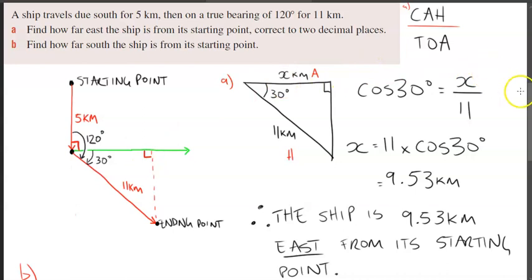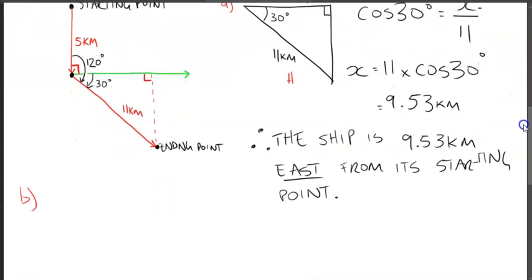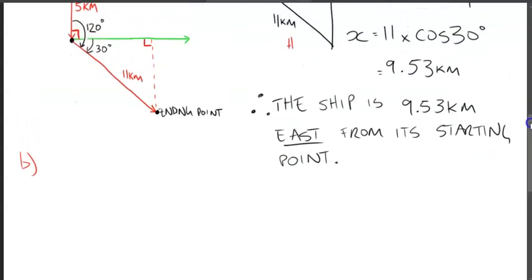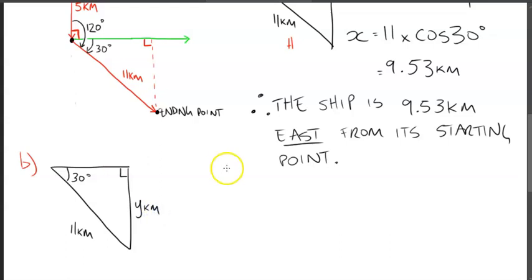And hey, that's within our right angle triangle again as well. So if we were to copy this out, this thing is so laggy, oh my goodness, here we go. Again, right angle triangle, 11 kilometers, 30 degrees. But what we're looking for is here, let's call this y kilometers because we've already used x.